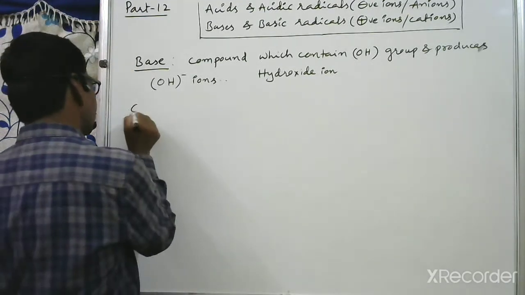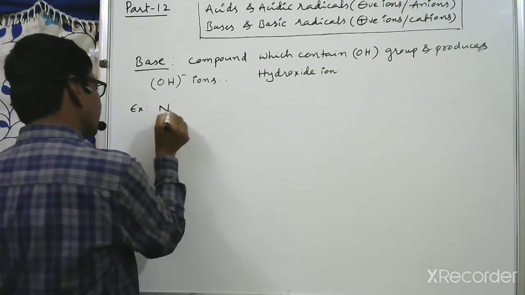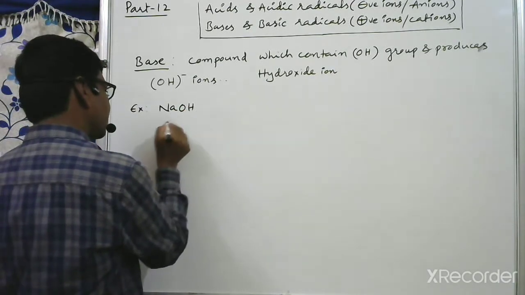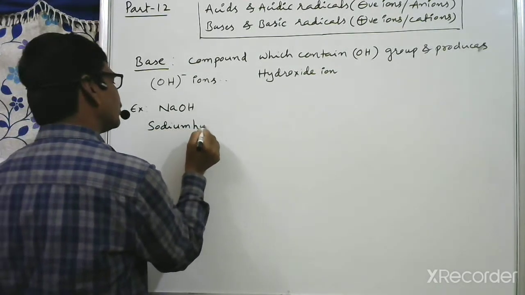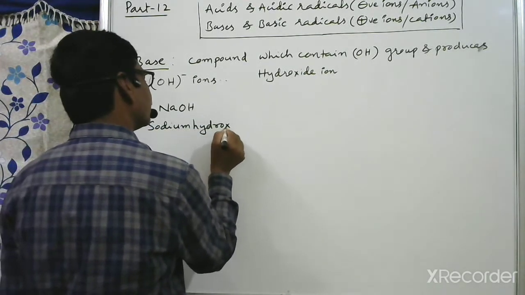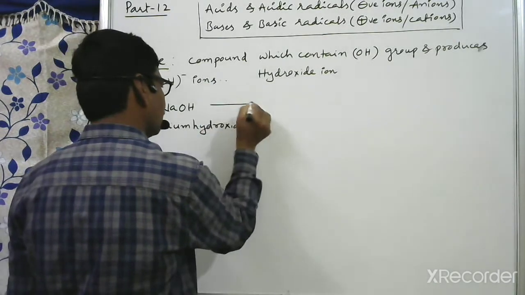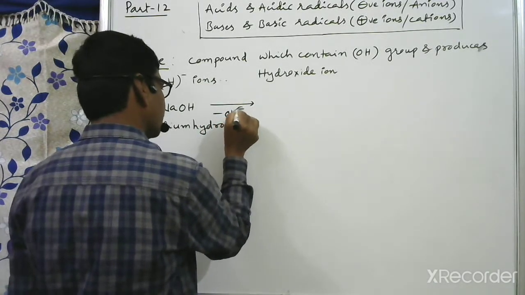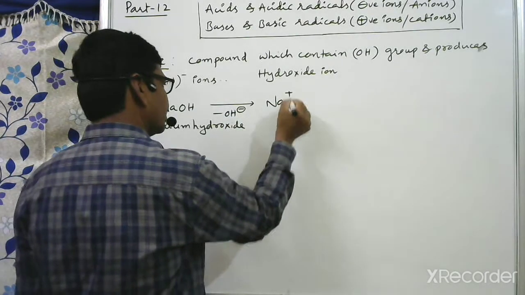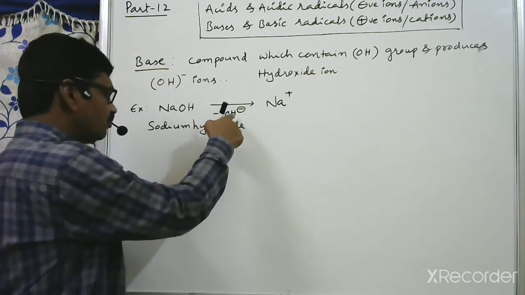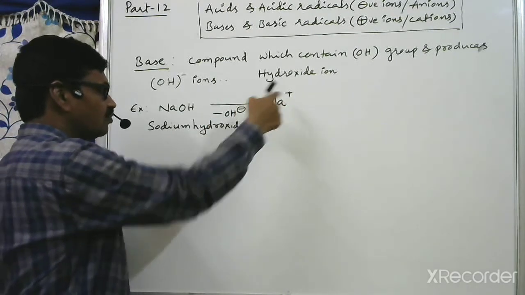See some simple examples. Sodium hydroxide. This is a base. From this, if you remove one OH group in terms of negative charge, the remaining part is Na. It will take positive because we have removed one negative charge, so one positive charge remains.